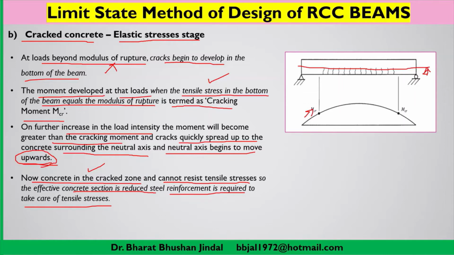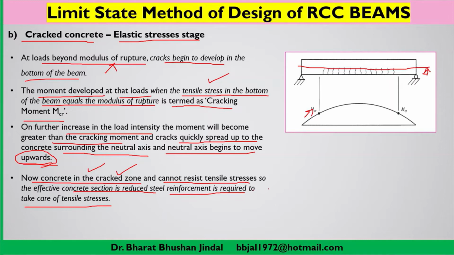Now here I can create one question for all of you. As we have discussed, as the moment crosses M_cr, the cracks will start propagating from the bottommost fiber towards the neutral axis, and we are saying that now the concrete is in the cracked zone and will not be able to resist the tensile stress.